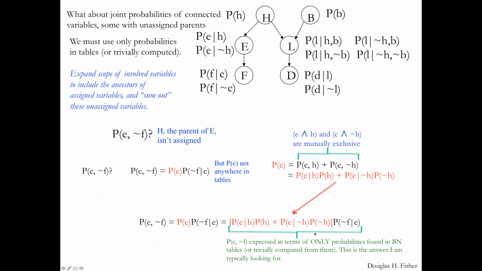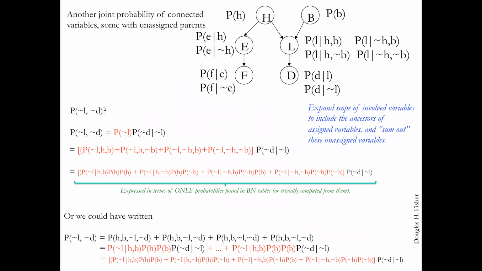This is only in terms of probabilities found in the Bayesian network, and this is the kind of answer I'm going to typically expect on an exam. That is, rewriting joint probabilities as equivalent expressions that only involve probabilities found in probability tables.